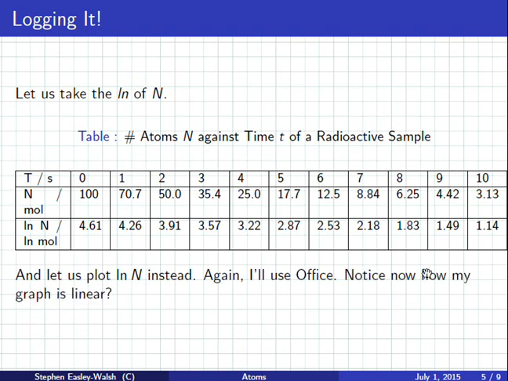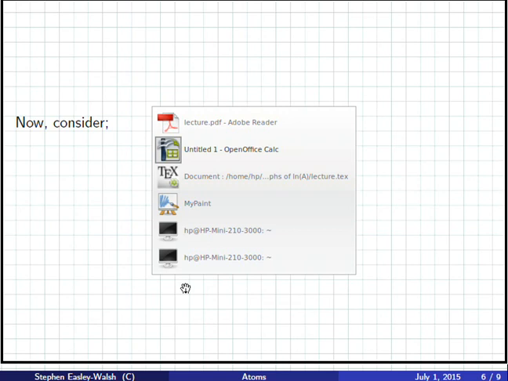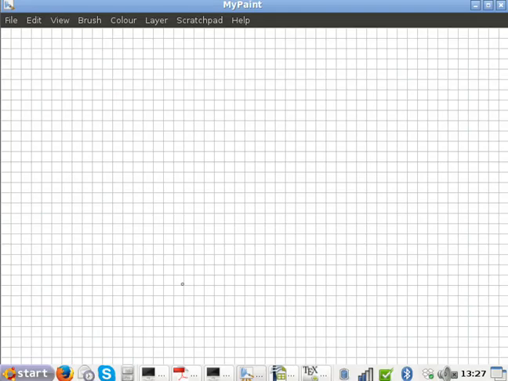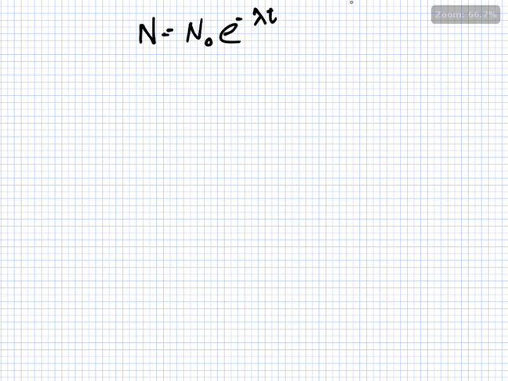Now, notice how my graph is linear. Okay, so what's happening here? Let's have a look at what's happening. So we have this formula for n, n0 e minus lambda t. We all know this.